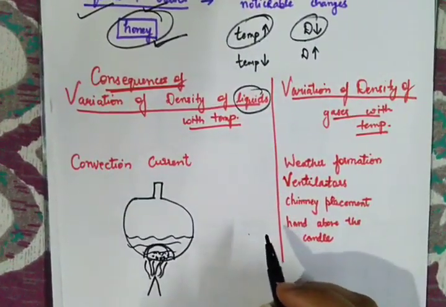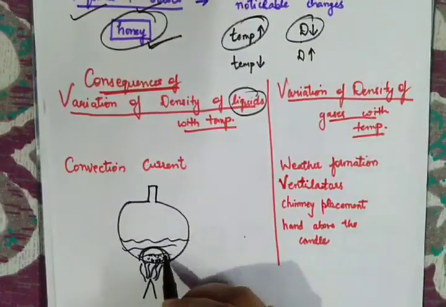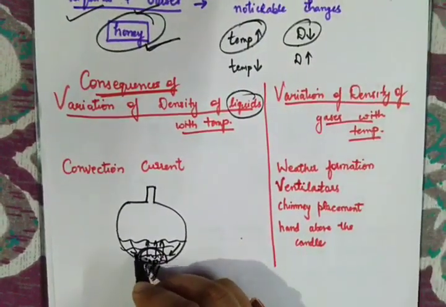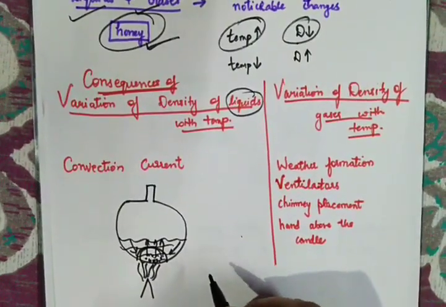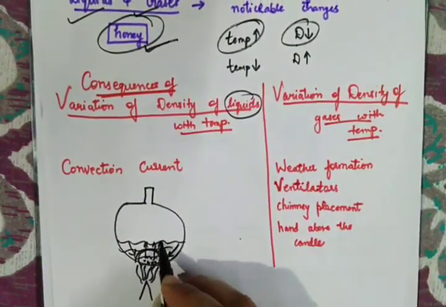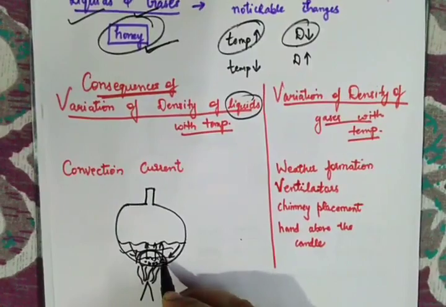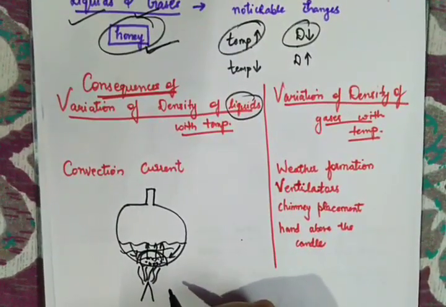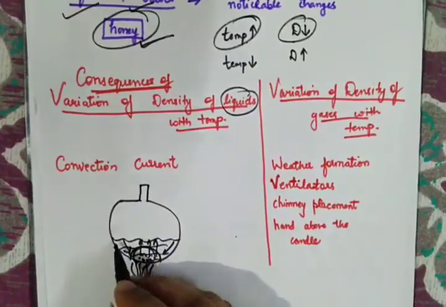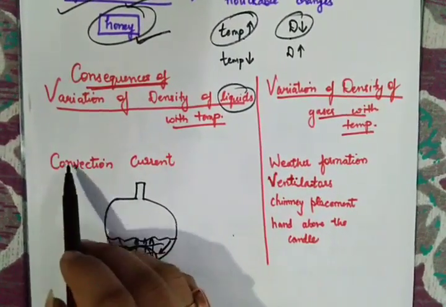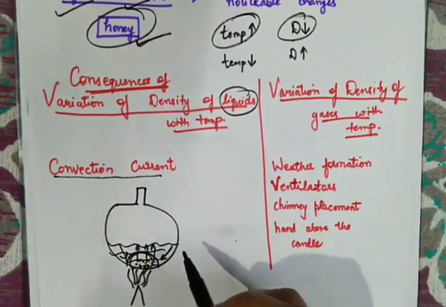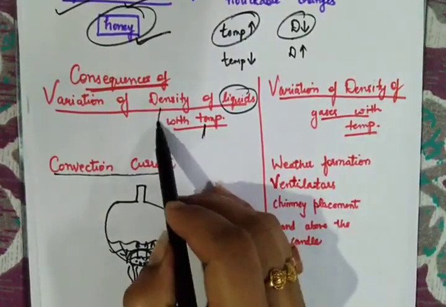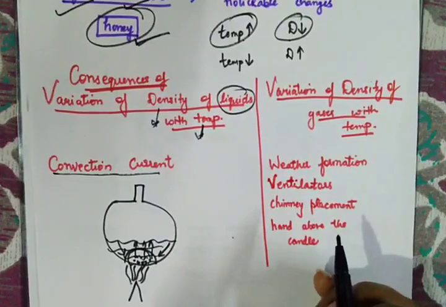When something's density becomes low, it becomes lighter in weight, so it will rise up and the cold water will go down to occupy its space. So gradually, slowly and slowly, the entire liquid will be at the same temperature and the entire liquid will be heated. This is known as the convection current. And why is it taking place? Because with the temperature, our density changes.